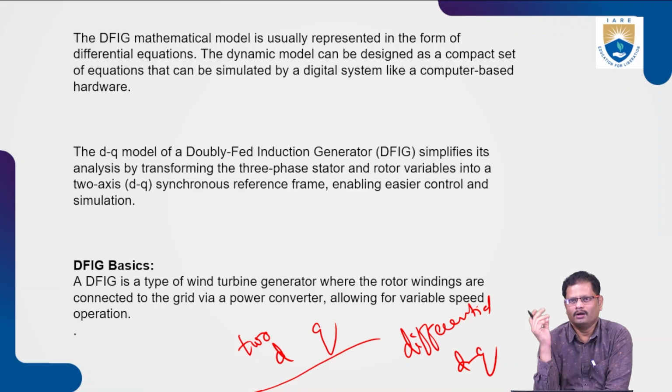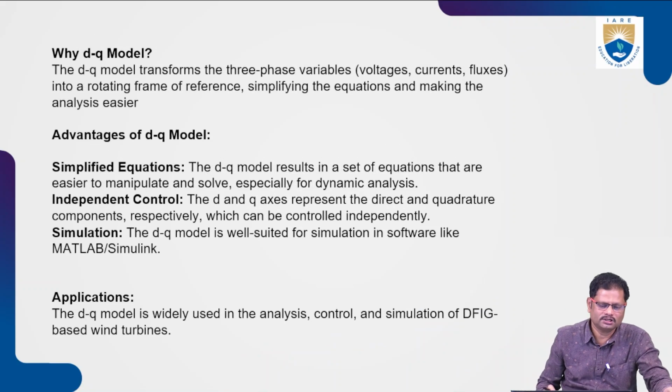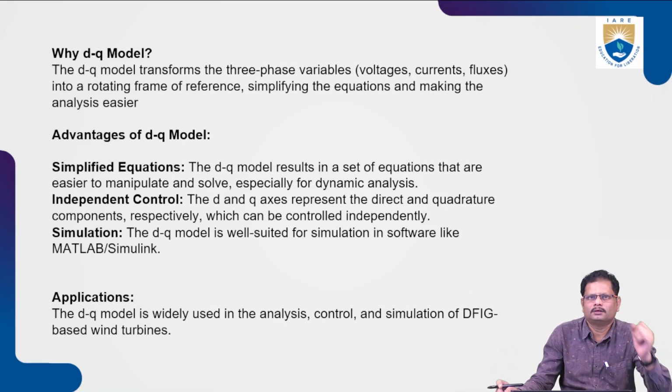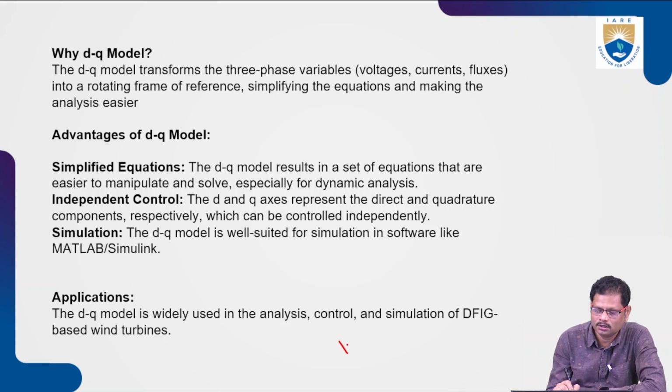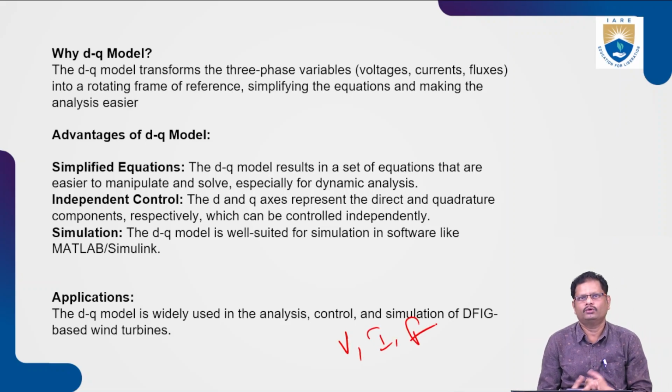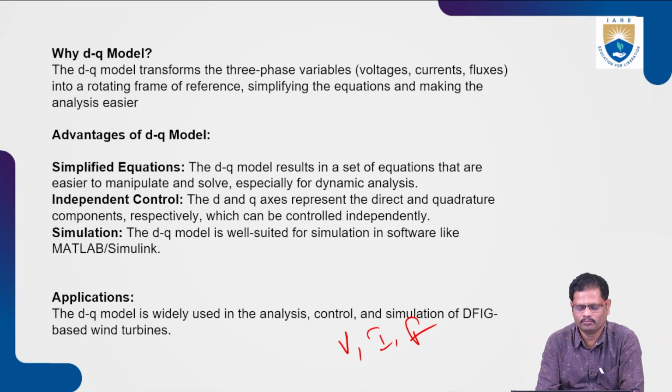Finally, this allows variable speed operation. In DQ modeling, the advantage is it transforms the three-phase variables like voltage, current, and frequency into a rotating frame of reference, which is helpful in simplifying the equations and making the analysis very easy.